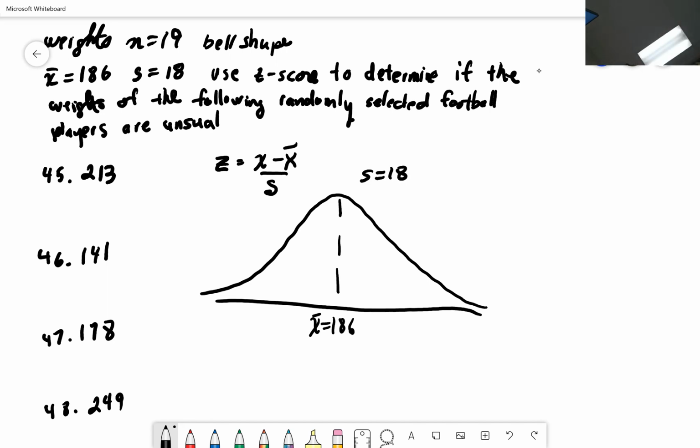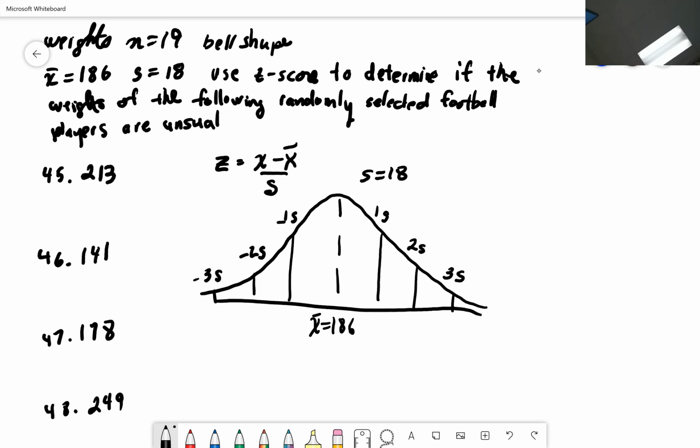Now, when we did the empirical rule, I'm going to go ahead and mark 1 standard deviation, 2 standard deviations, 3 standard deviations: positive 1s, positive 2s, positive 3s, and negative 1s, negative 2s, negative 3s.